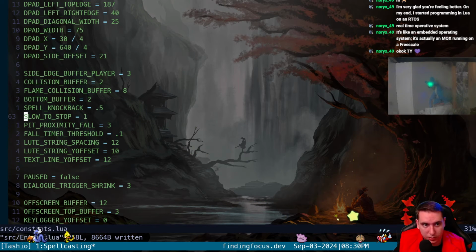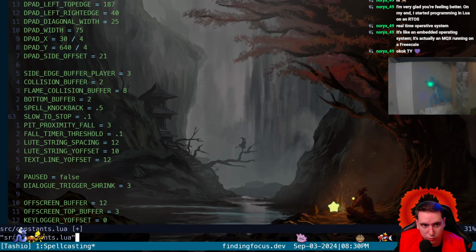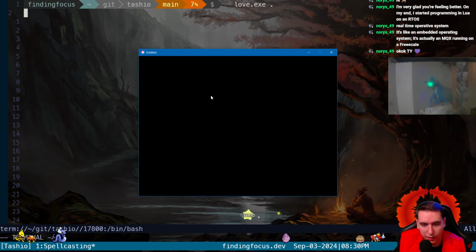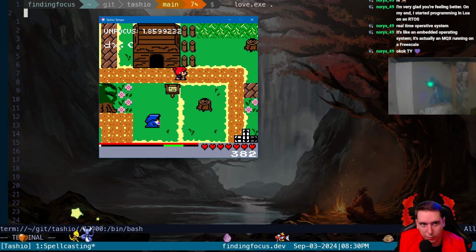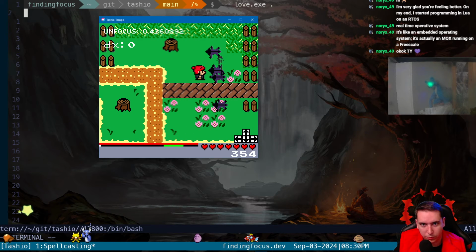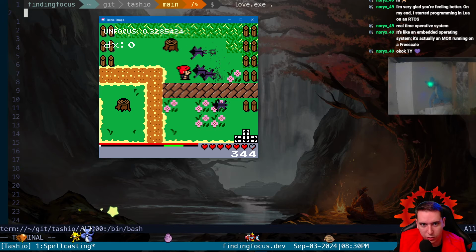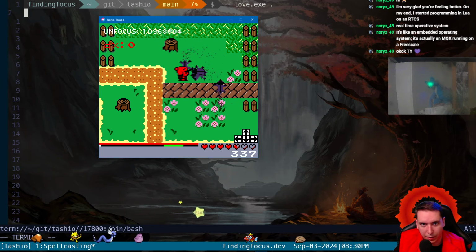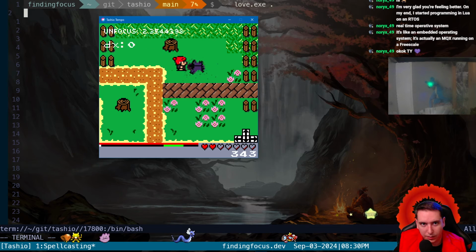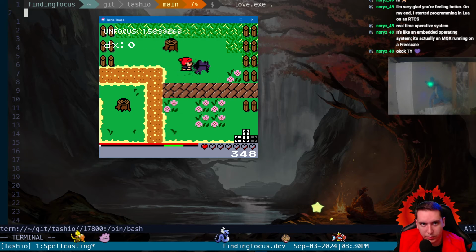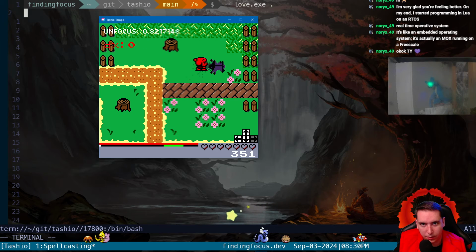But then I'm gonna just make sure the slow to stop is like super low. I mean, it should be even lower than that. But let me just try to compare things, because I don't know what's going wrong. So the only instinct I have is to change stuff and see what happens. Okay. So we get a very... Yeah, see how we're getting like 0.4 dx right off the bat.